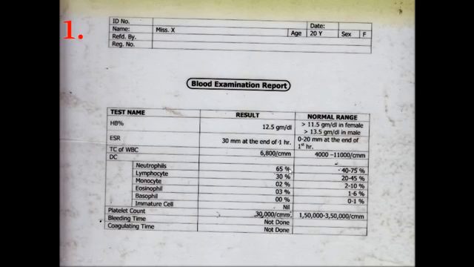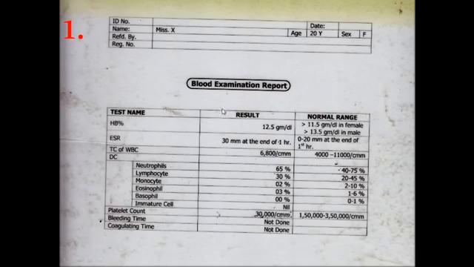Neutrophil 65%, lymphocyte 30%, monocyte 2%, eosinophil 3%, basophil nil, and immature cell nil. Platelet count 30,000. Bleeding time not done, coagulation time not done.